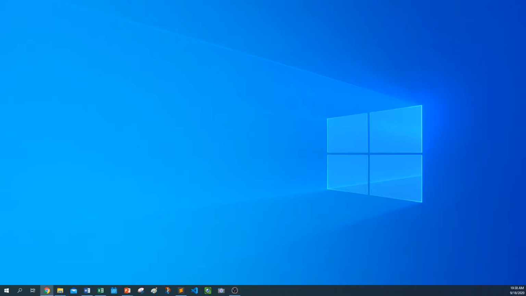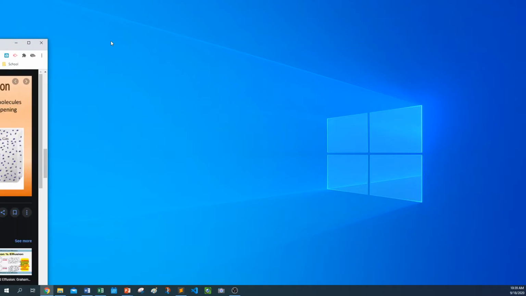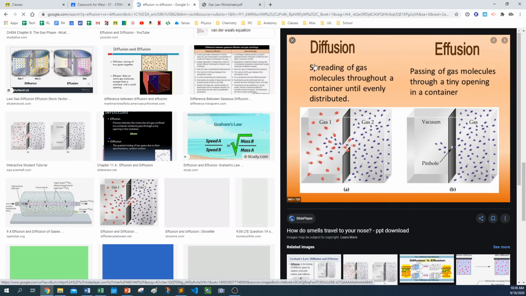So let me first recap what effusion is. Diffusion is just the spreading of gas molecules throughout the container until it's evenly distributed.